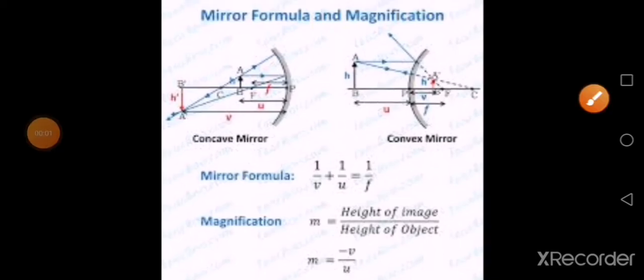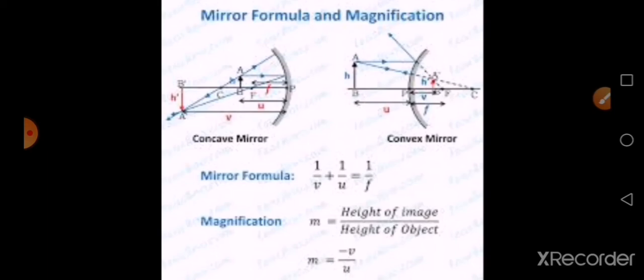The point to remember is that in case of a convex mirror or a plane mirror, we have virtual images, so the object is on one side and the image is on the other side. Since the image is behind the mirror, u is negative and v is positive.